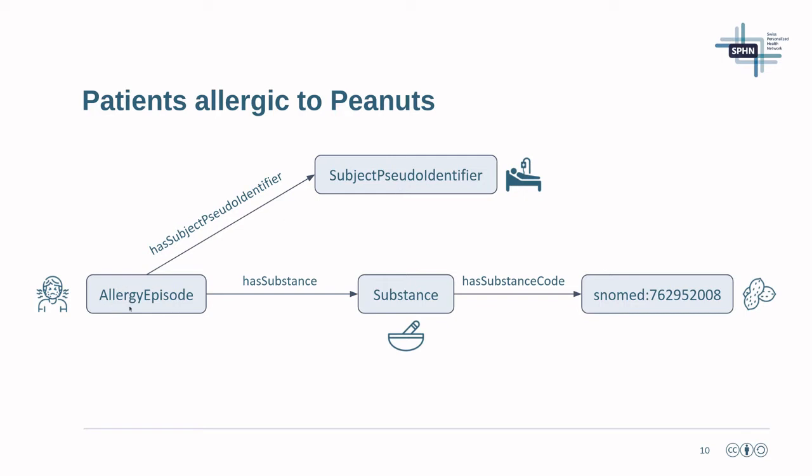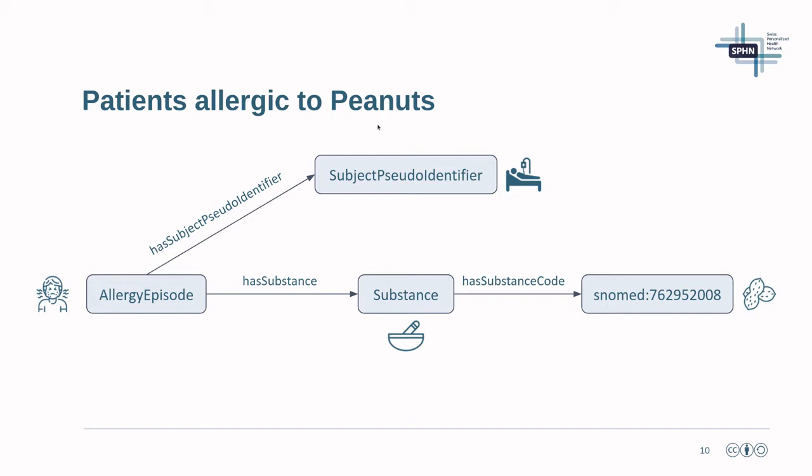In addition, the allergy episode has a has substance property, so it is connected to a substance class, and this substance is further connected to a SNOMED CT code that refers to peanuts through the has substance code property. So this is basically the pattern that we are interested in querying in our data in order to get all the patients that are allergic to peanuts.